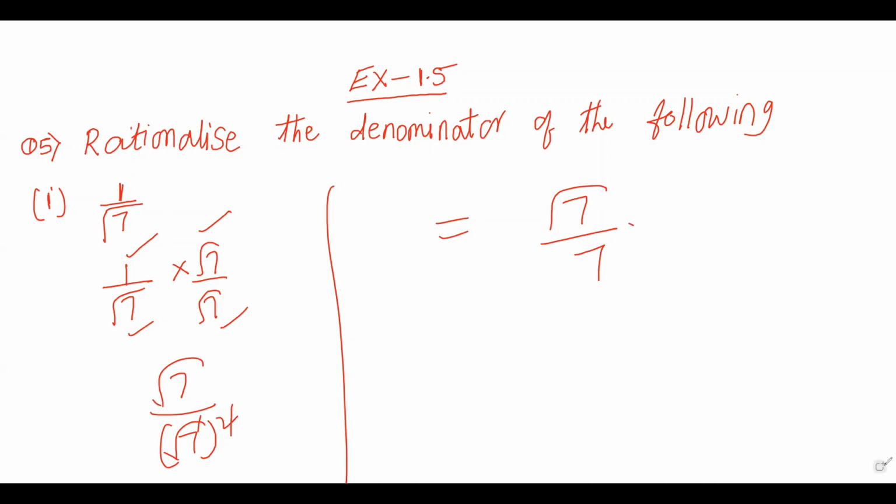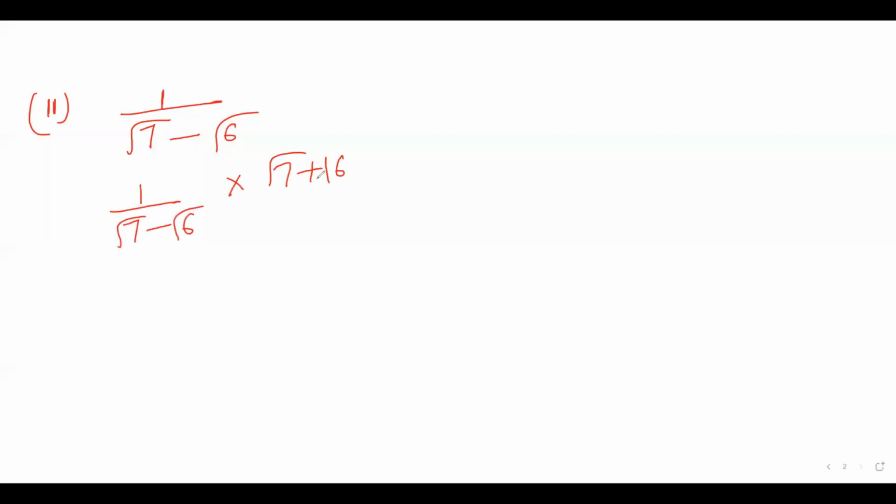Let's go to the second bit. 1 by root 7 minus root 6. Rationalizing factor will be root 7 plus root 6.